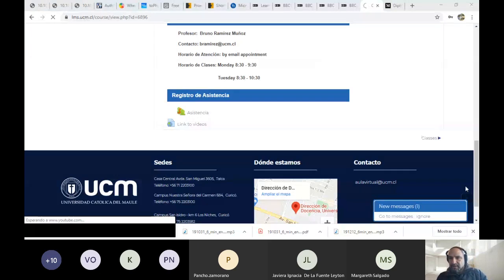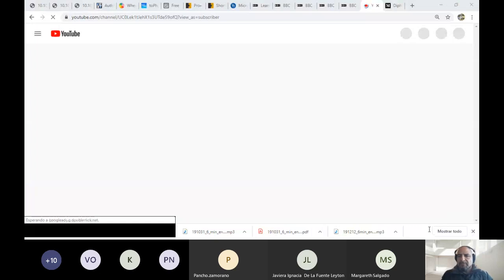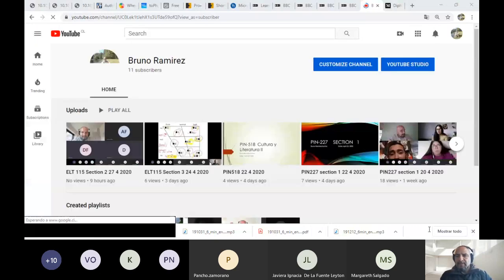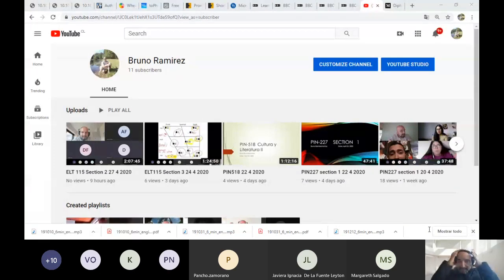Do we have to read the whole text, Gabriela Gatica? You have to read for 1 minute and 30 seconds, regardless if you finish the task or not. Okay. 1 minute and 30 seconds. Stop. You save the file using the instructions that are in the LMS, meaning you have to write PIN227, section 2, your name and last name.